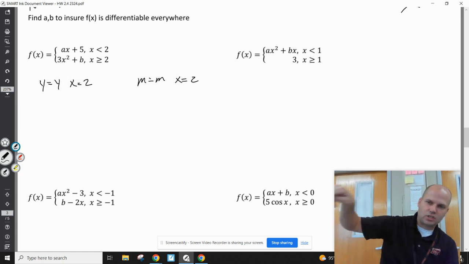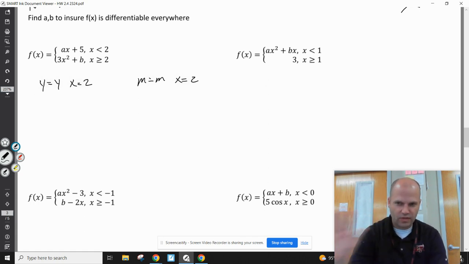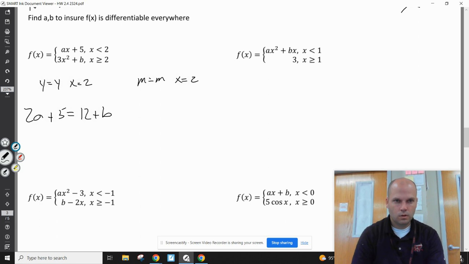Now, the second piece is the one that everybody has difficulty with, the m's equaling our m's. So let's just focus on that part. We have plugged in 2 in for x before. This is 4 times 3 is 12. Cool. I don't know what a or b is.